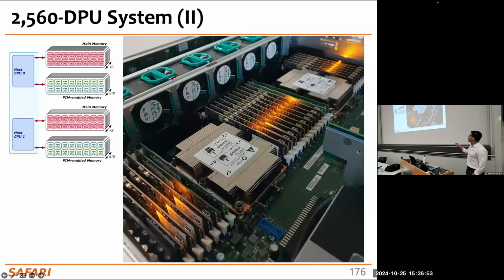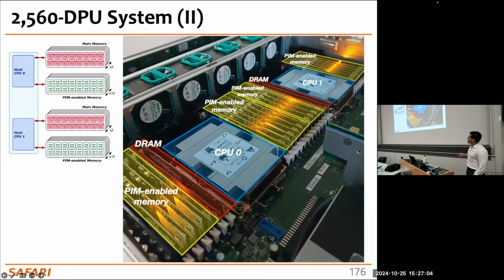Here we have a motherboard containing your regular CPU as SoCs, the DRAM DIMMs here that store main memory, and the PIM-enabled memory here. And in this given rack, you have in total 2,560 of those DPU processing engines.